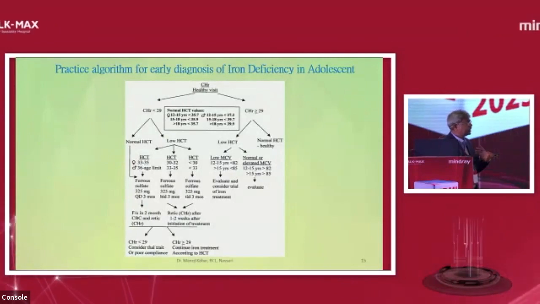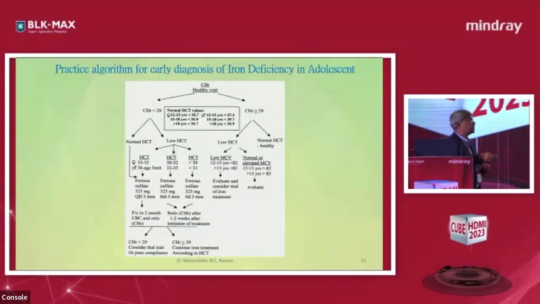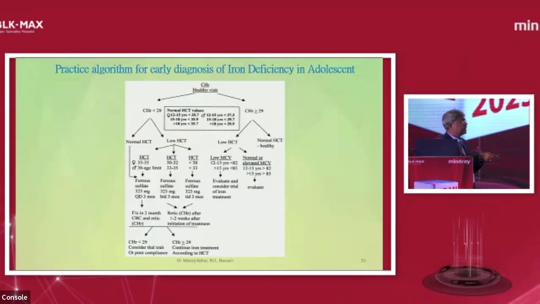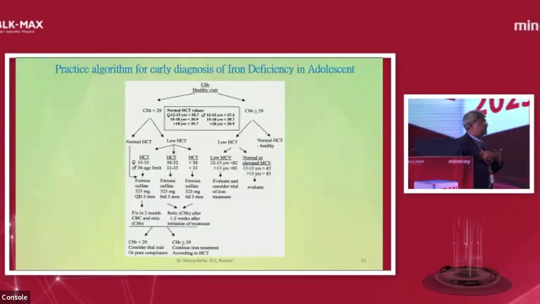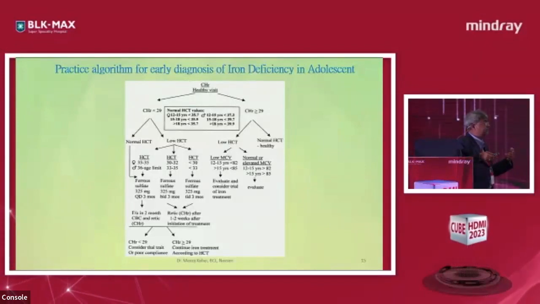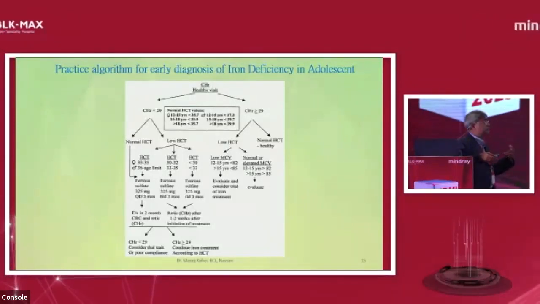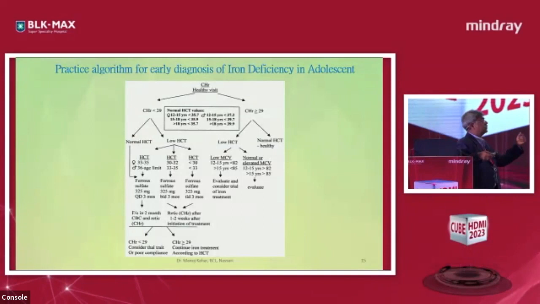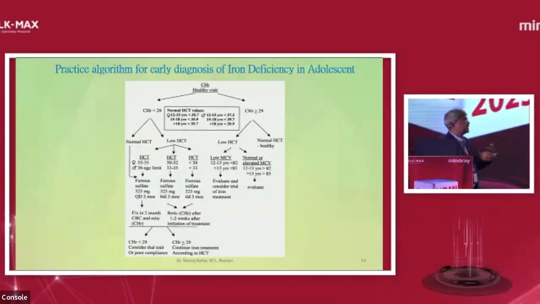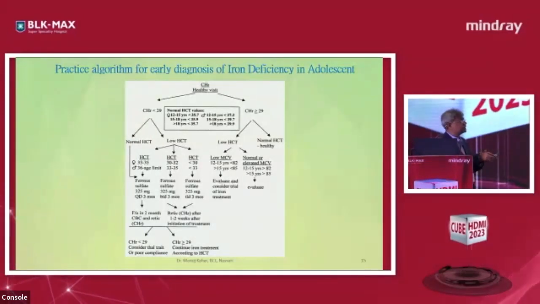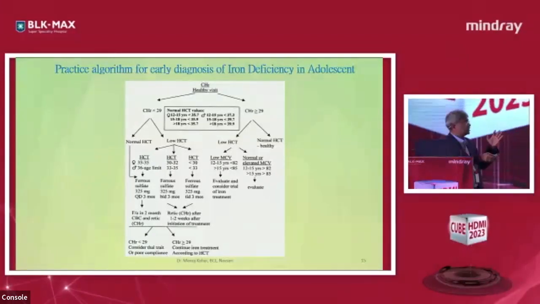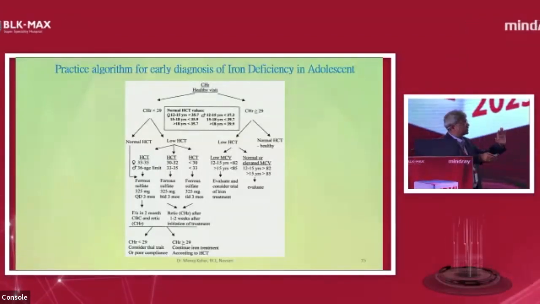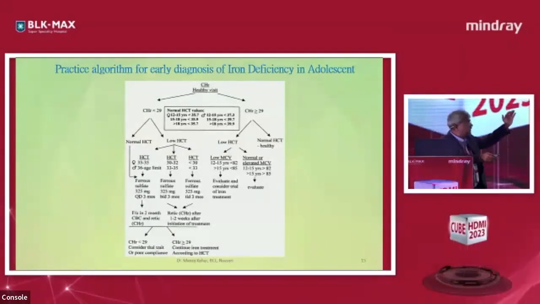Then there are beautiful algorithms which have been devised based on the CHr, and there are 3 parameters being looked into: one is CHr, second is the HCT, and then MCV. This is one of the algorithms published to detect iron deficiency in adolescents. Here, if you see the CHr, your hemoglobin is not low, but you follow it with CHr.